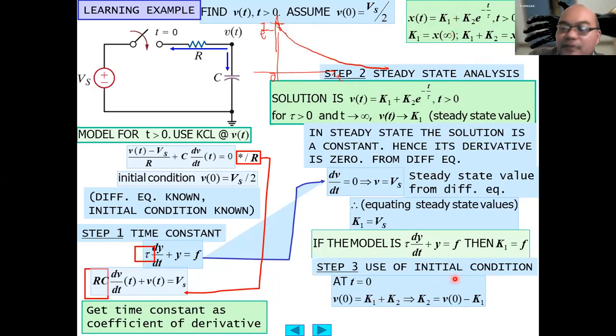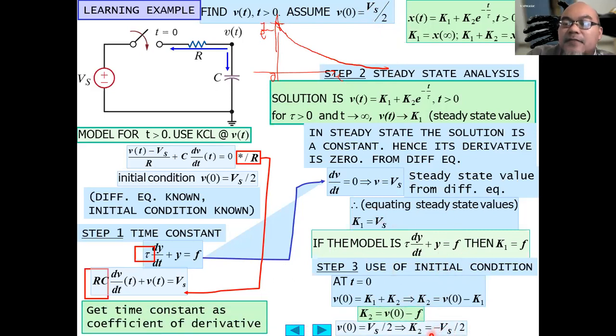So K2 equals V0, the initial condition, minus K1. K1 is already known as Vs, and the initial condition of voltage is given by the problem. V at 0 is Vs divided by 2. So K2 equals Vs over 2 minus Vs.